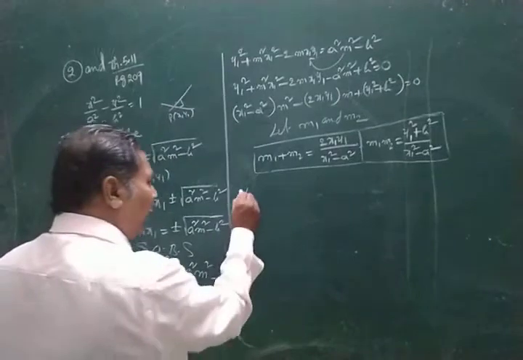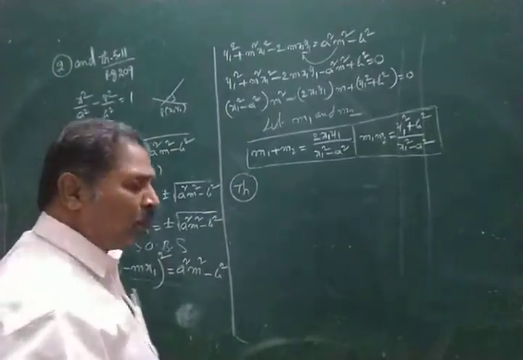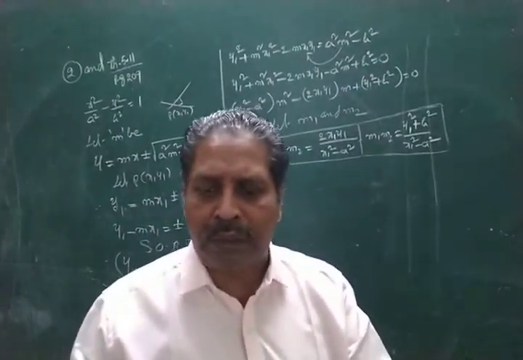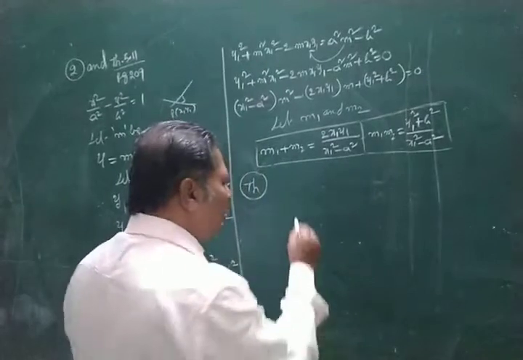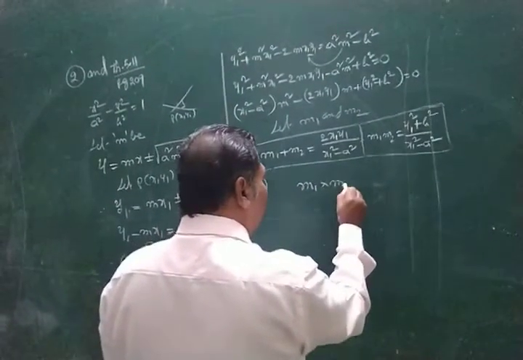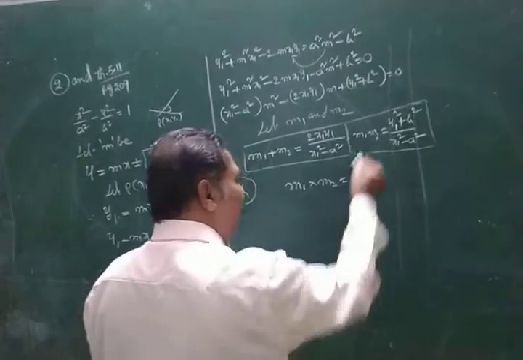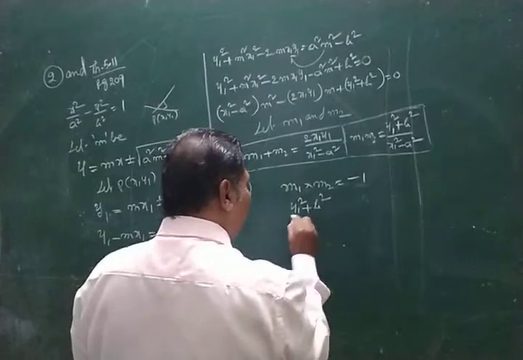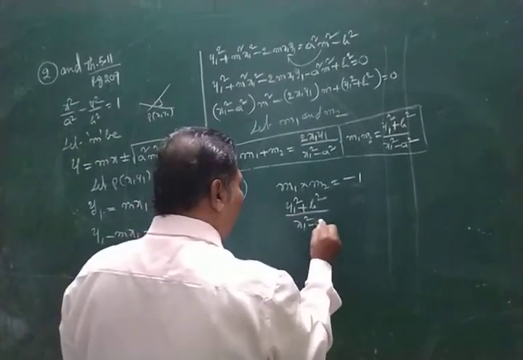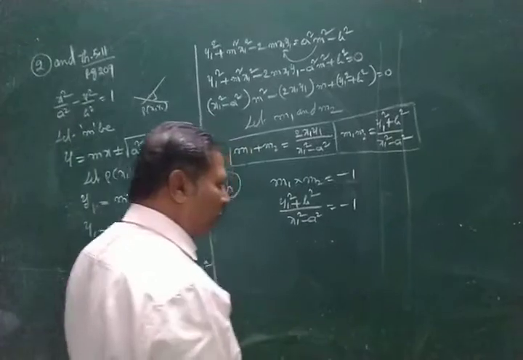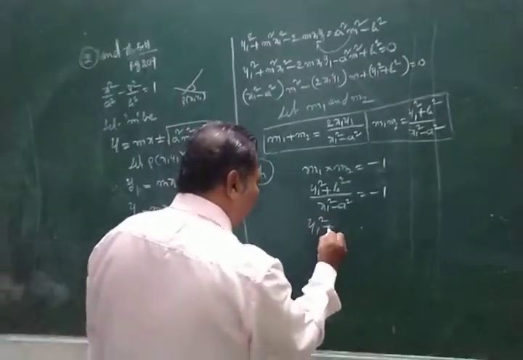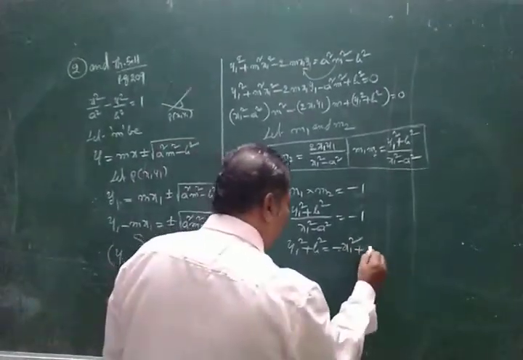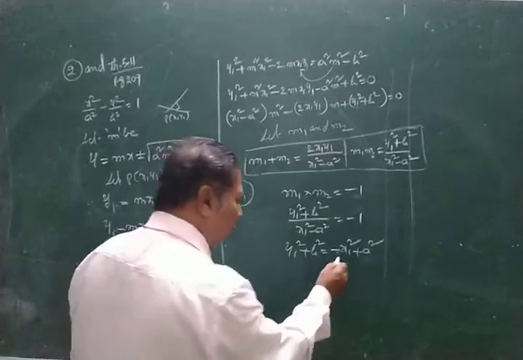In the theorem, tangents are perpendicular to each other. So m1 into m2 equal to minus 1. m1 into m2 value: y1 square plus b square by x1 square minus a square equal to minus 1. y1 square plus b square equal to minus x1 square plus a square.